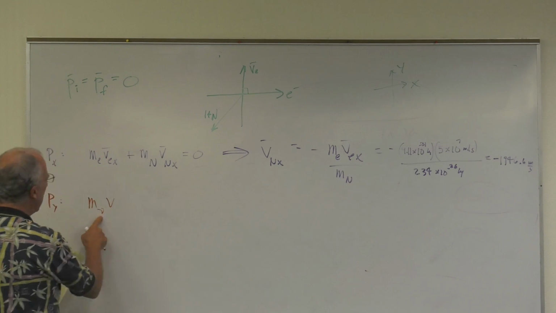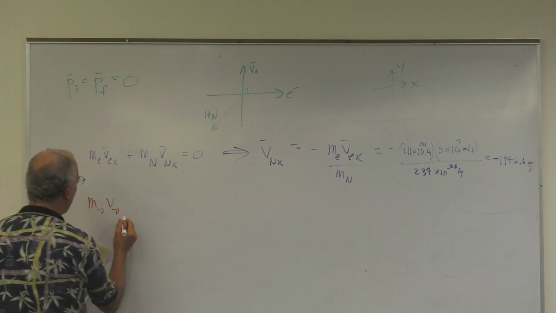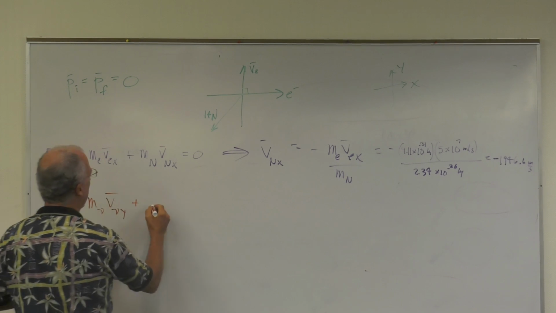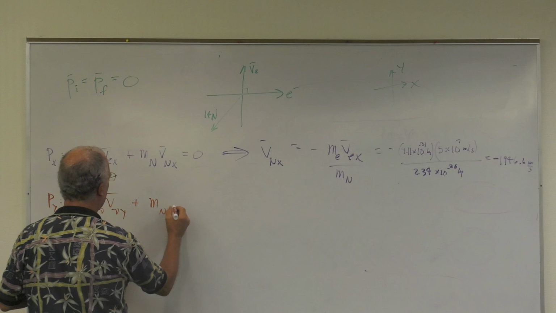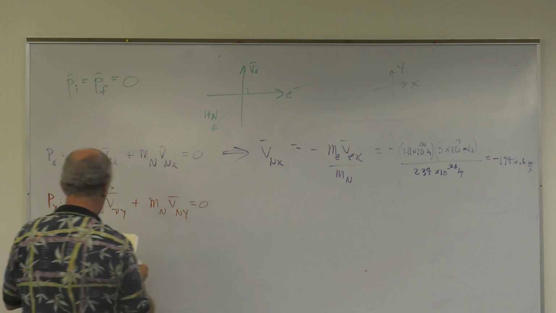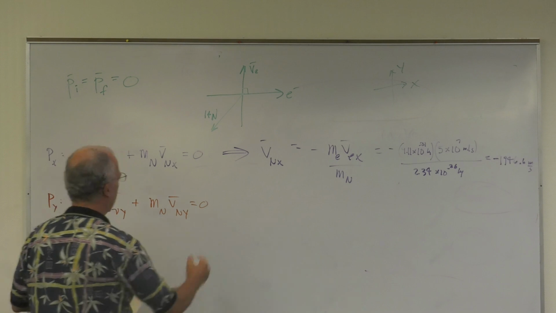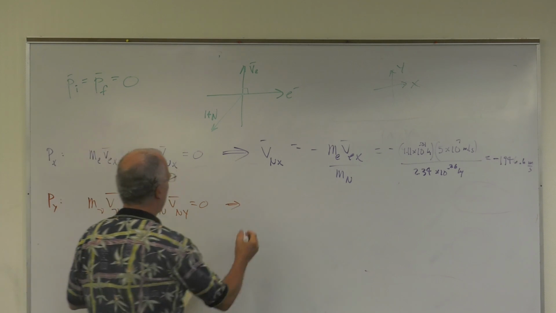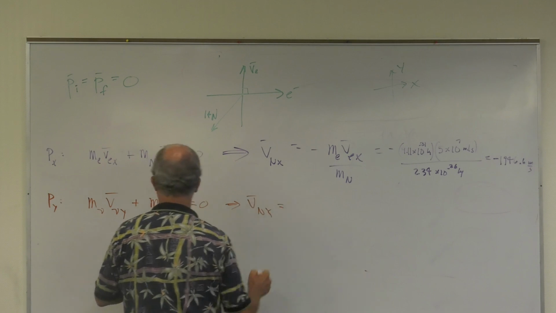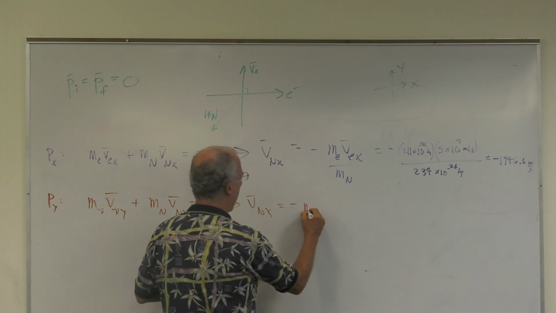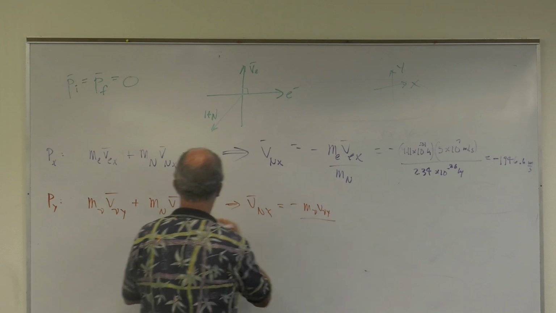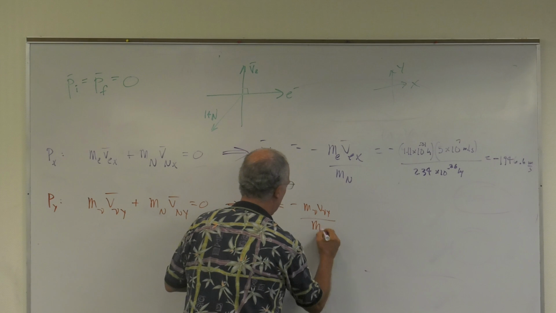So the mass of the neutrino, velocity of the neutrino in the y direction, plus the mass of the nitrogen, velocity of the nitrogen in the y direction has to equal 0. So therefore, the velocity of the nitrogen in the y direction is equal to negative mass neutrino, velocity neutrino in the y direction, all over the mass of the nitrogen.